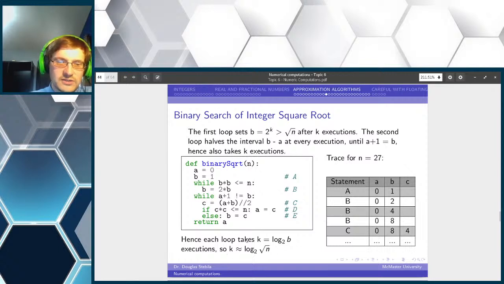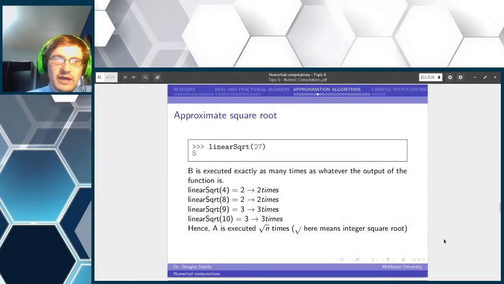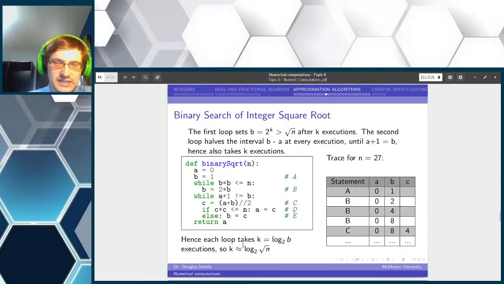So, each loop takes k, log base 2 of b. So we would say that the runtime of this algorithm is log base 2 of the root of n, which is pretty good. Considering our linear square root algorithm took the square root of n executions, this one takes log base 2 of the square root of n executions, which is really good.